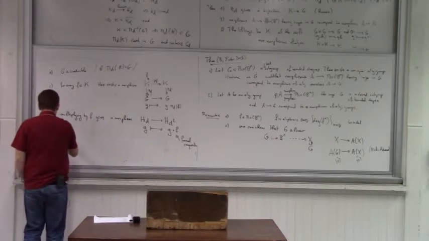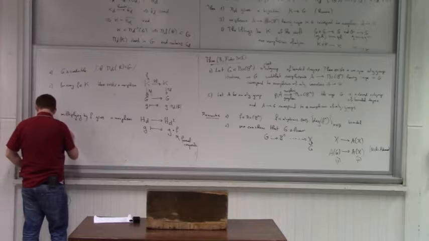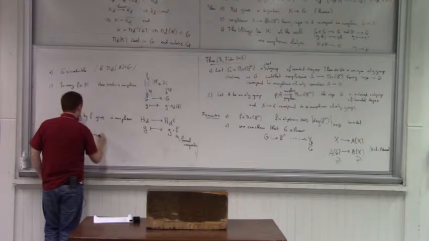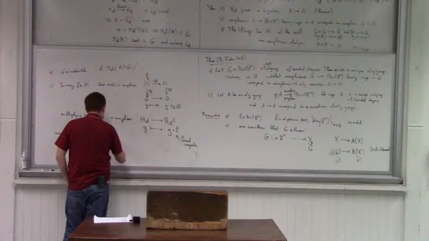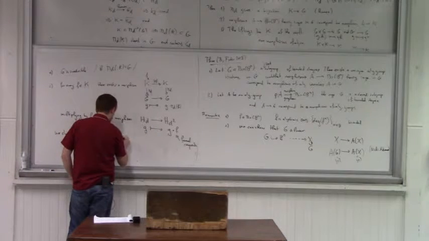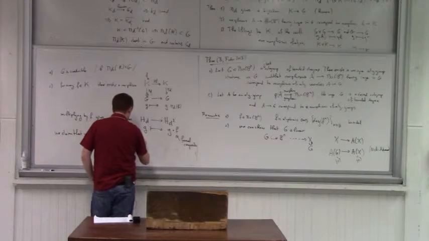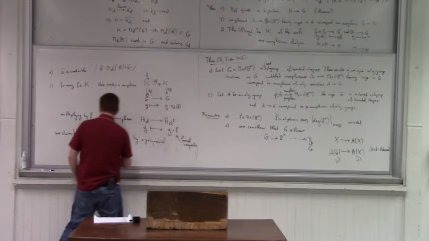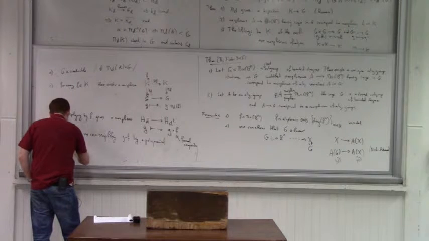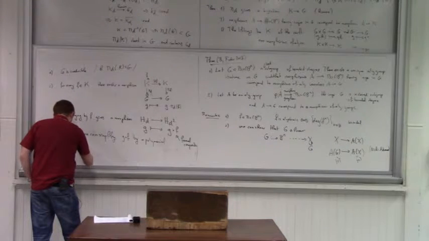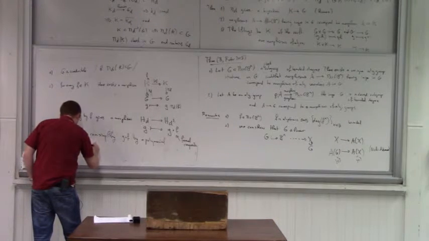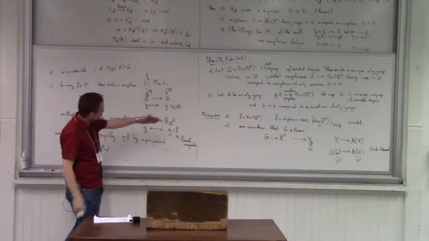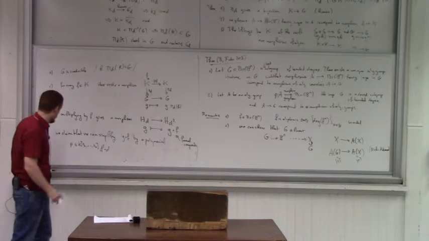Okay, so we claim that we can simplify the image by a polynomial p of degree d square minus d, because I have something of degree d square, I want to go to degree d.